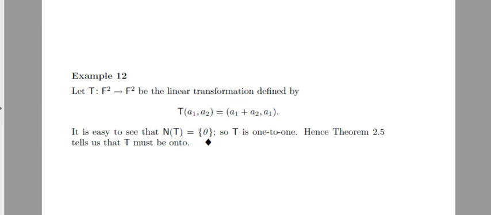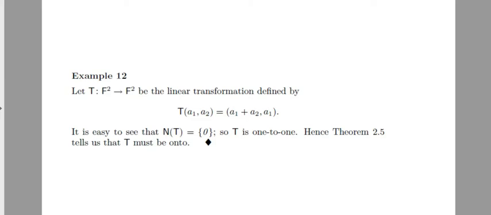Next example: T is a map from F2 to F2, a linear transformation defined by T(a1, a2) equal to (a1 plus a2, a1). Now we have to find the null space of T. T(a1, a2) is equal to 0, that is, (a1 plus a2, a1) is equal to (0, 0).